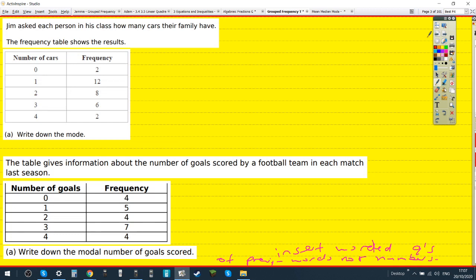And so this one up the top, what is the mode for this one? 1. Correct. Bottom one? 3. Yeah. So that just means the average goals per football match were 3.